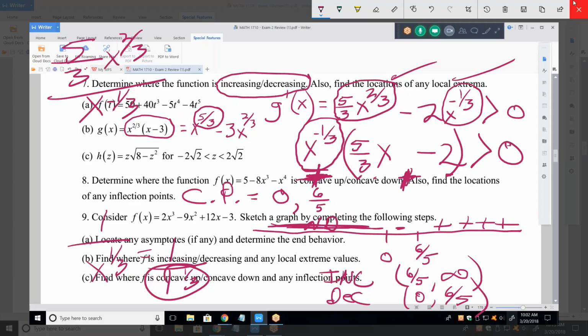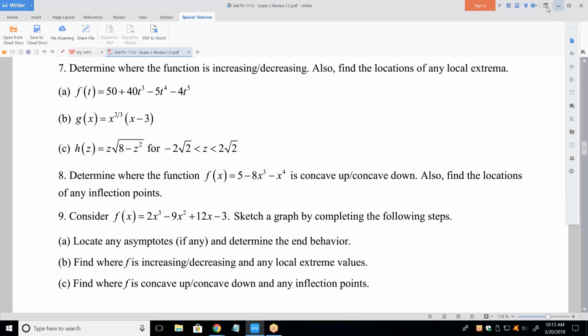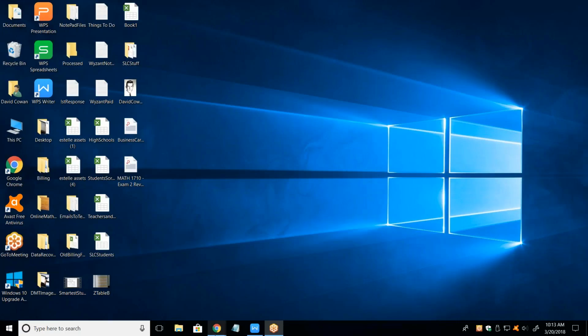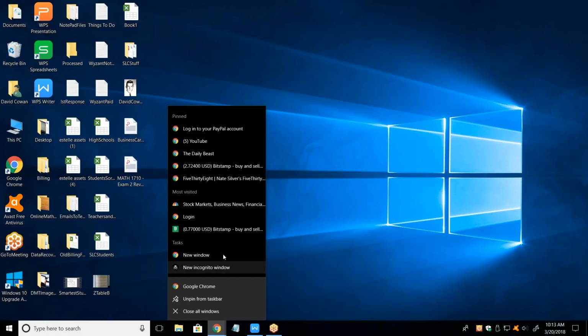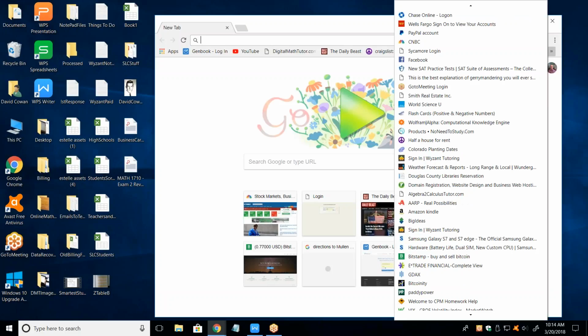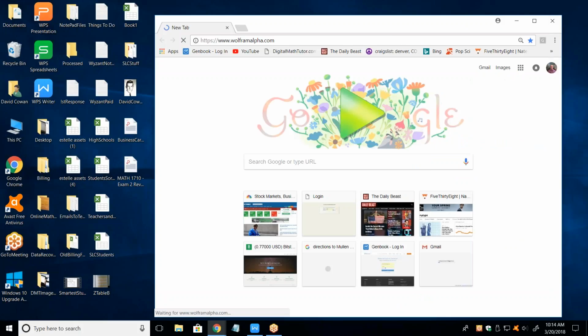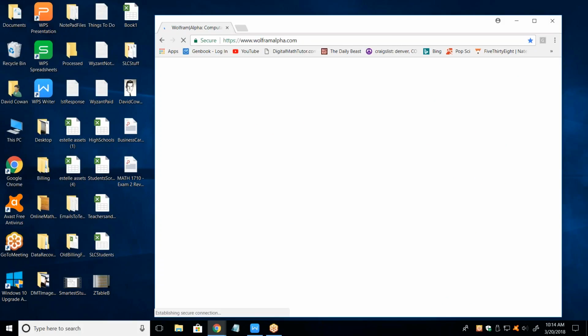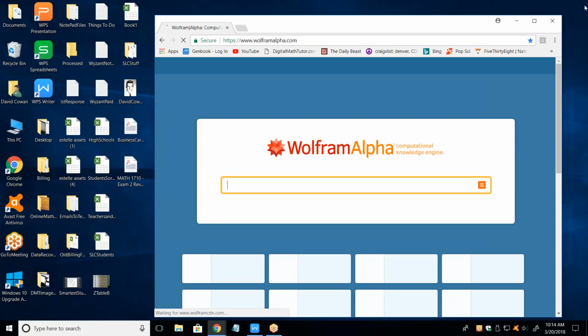Now, just for the heck of it, this is an unusual problem in the sense that we have an area that is not in the domain. And we should be able to see that if we graph it on Wolfram Alpha. We should be able to verify. Now, I know you can't use your calculator, but just for our training here, it'd be nice to make sure we got the right answer.